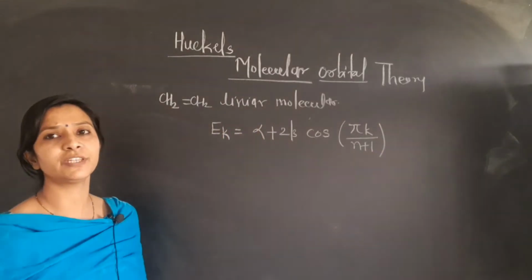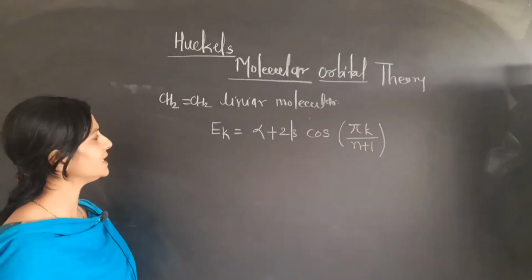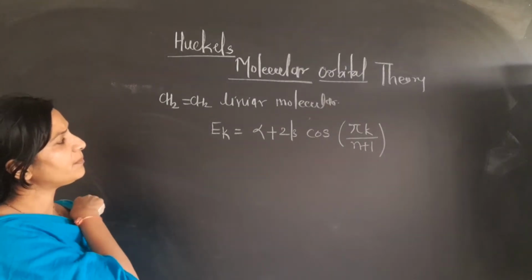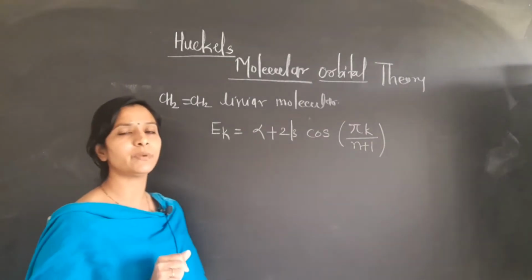In our previous video, I wrote the equation in that form: Ej is equal to alpha plus 2 beta cos (pi j upon capital N plus 1).